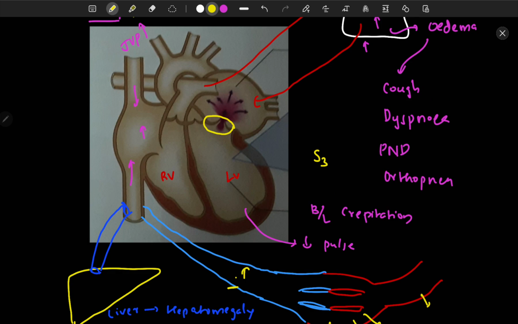So there will be functional mitral regurgitation, and on the right side there will be functional tricuspid regurgitation. Due to this ballooned out heart, there is abnormal blood flow, abnormal hemodynamics in the heart, so they will develop thrombus. The thrombus will be formed in the heart.